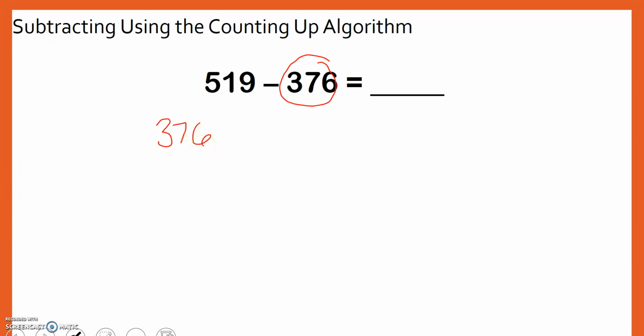And I'm going to add, yes, add, to get to my next friendly number, which, if I'm thinking about rounding, 376 would be between 370 and 380. So my next friendly number is 80. So if I count up to 80, I know to get there I need to add 4. So now I have 380.